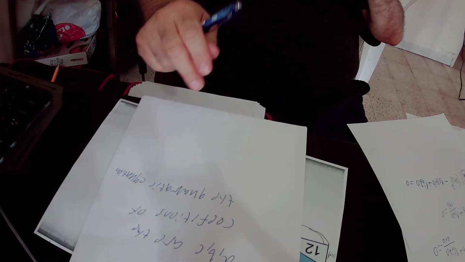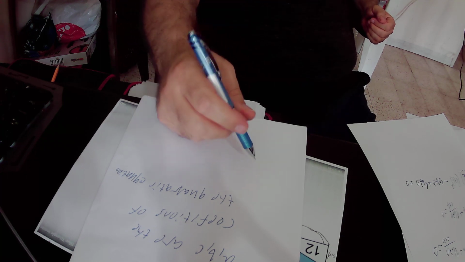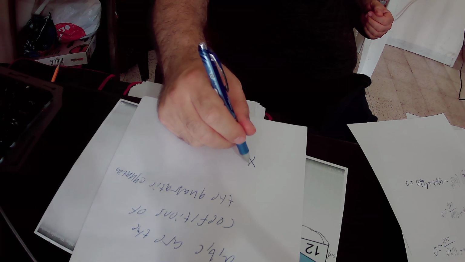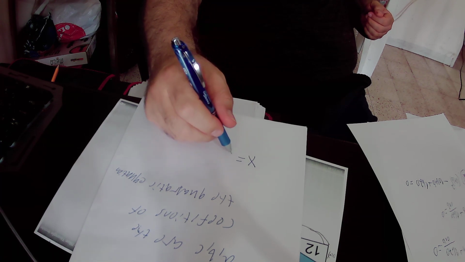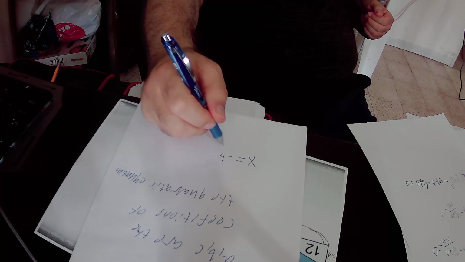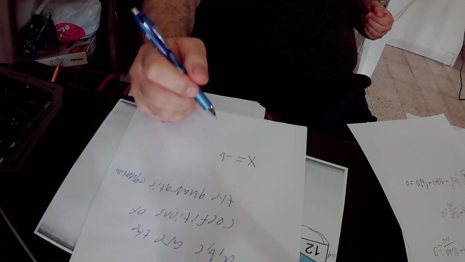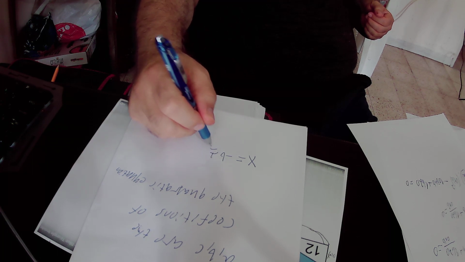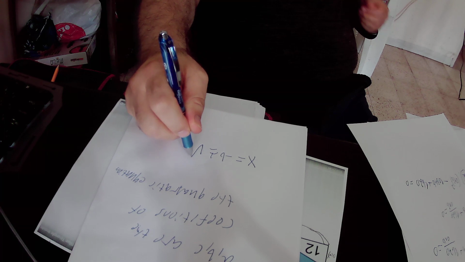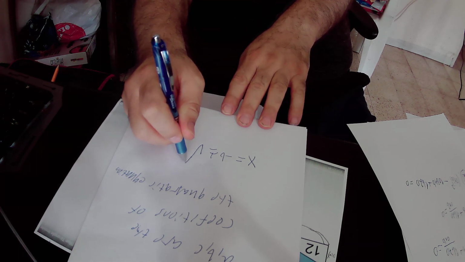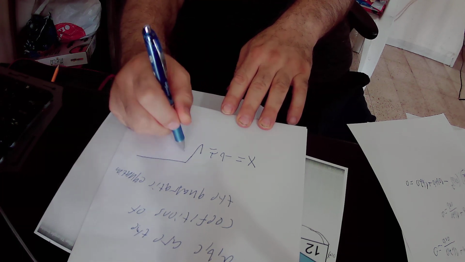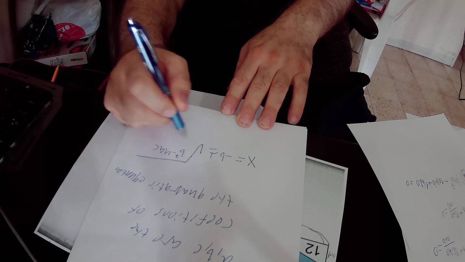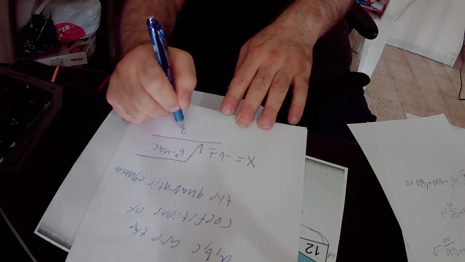and the general equation for the variable x that we want to find is actually x equals to minus b. B is the coefficient of the quadratic equation, plus minus root of b squared minus 4ac, all divided by 2a.